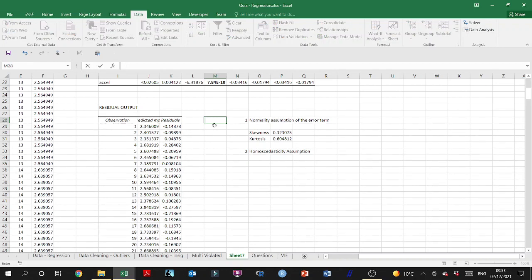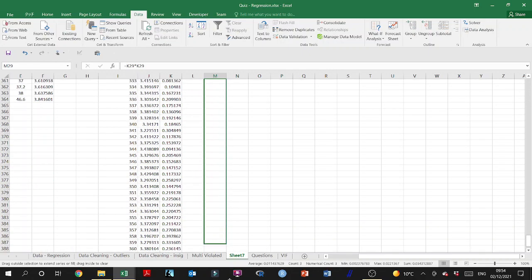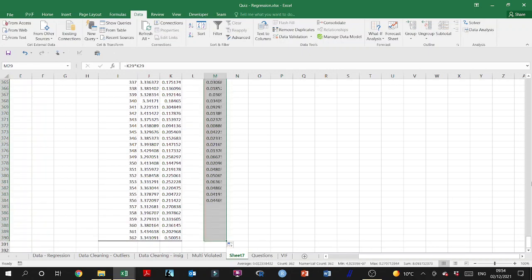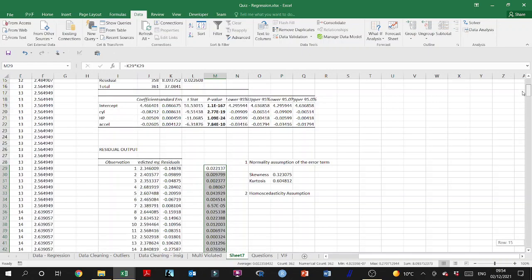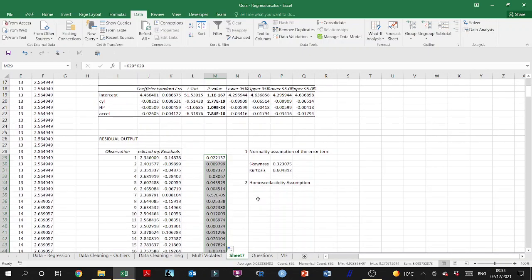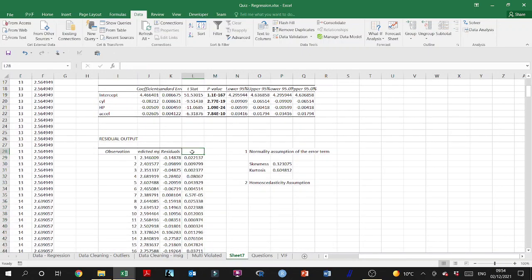I think we've done the homoskedasticity before, but it's not going to be any different, right? But let's just do it. I don't know why I did that, just to put it square.